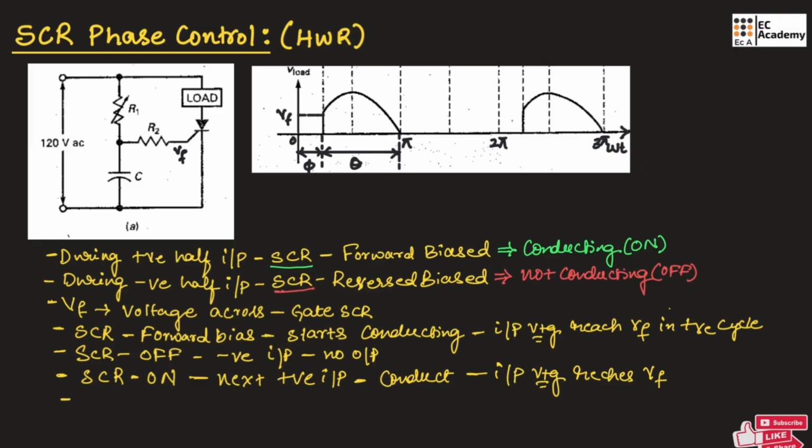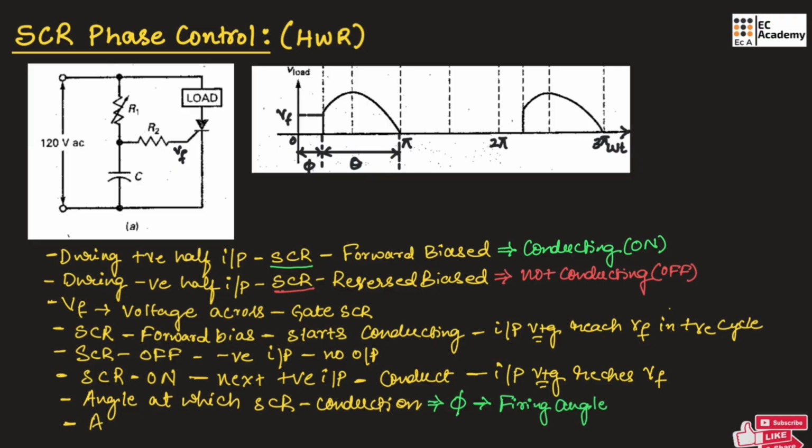So the angle at which SCR starts conducting is represented by phi, which is known as firing angle. The angle for which SCR is on is known as theta, which is conducting angle.